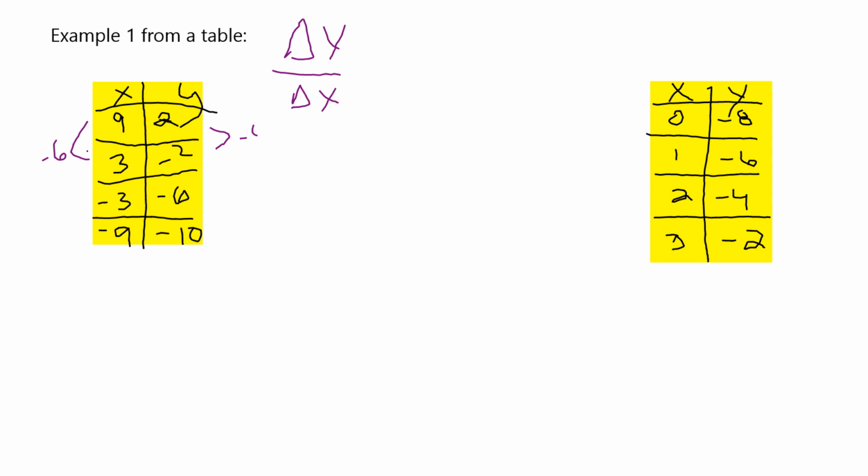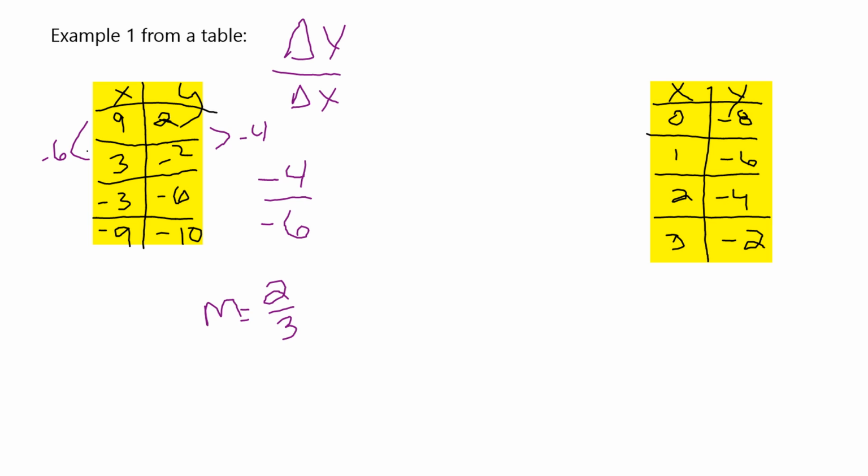For y, 2 to negative 2 is negative 4. Then you would put the change in y, negative 4, over the change in x, negative 6. And then you're going to simplify that for your slope. So my m is going to be 2 over 3, positive because negative over negative is positive.